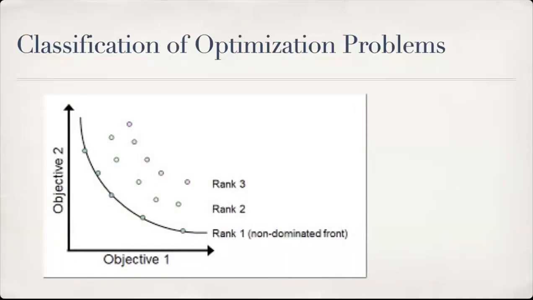We end up with a number of solutions. We call this front the non-dominated front. What does it mean? Here we want to minimize objective 1, and at the same time we want to minimize objective 2.